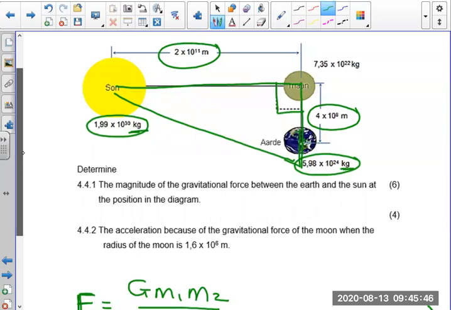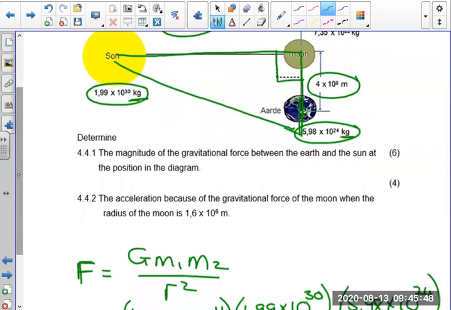So when I work this out, I'm going to say, let's say the radius squared equals the distance between the Sun and the Moon, SM, squared plus the distance between MA. You can have your own equation there.